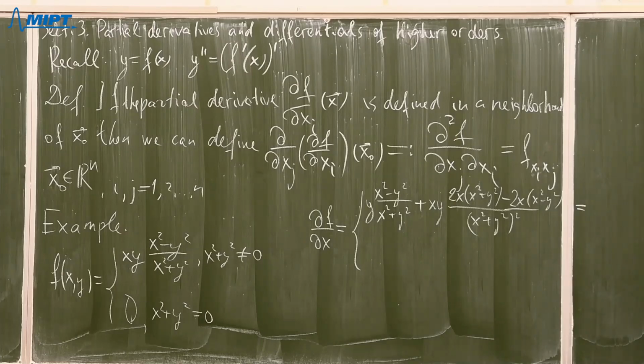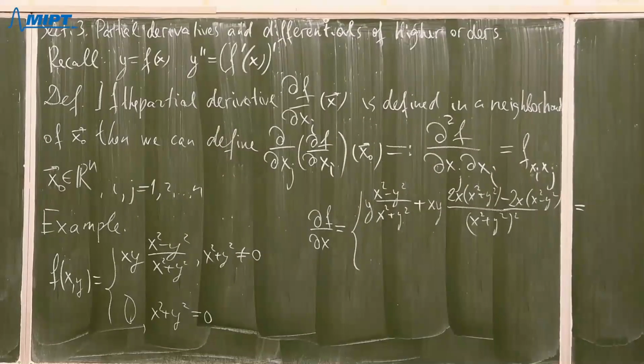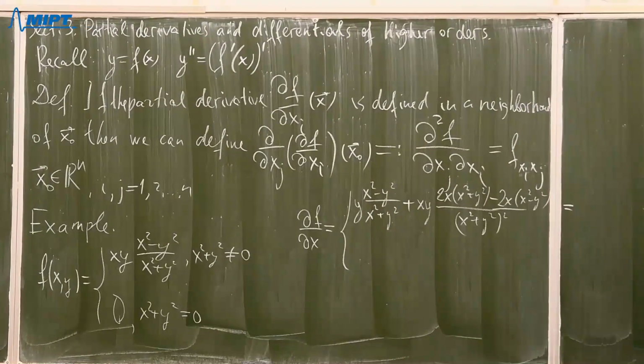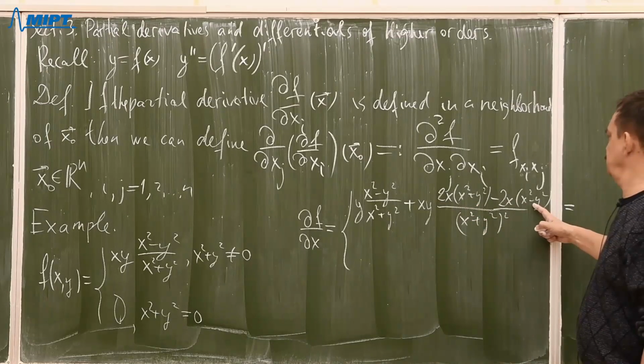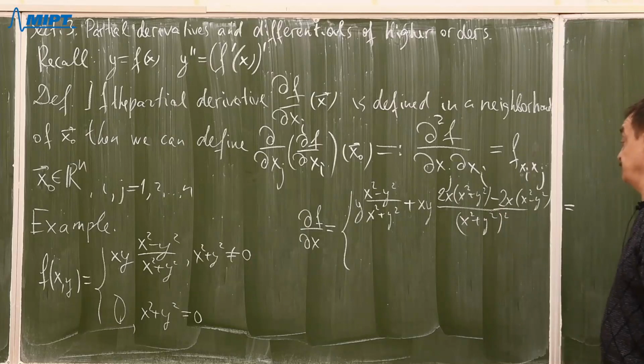Or what is it? So 2x cubed is cancelled here, 2xy squared is multiplied. Okay, how to write it shorter?